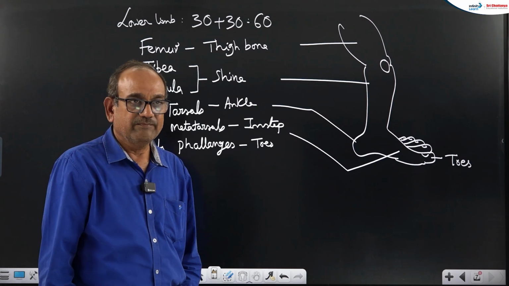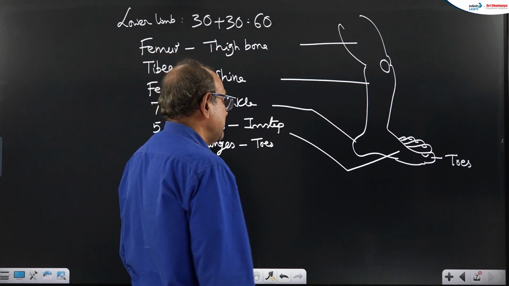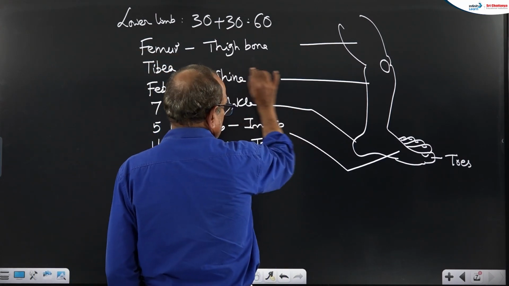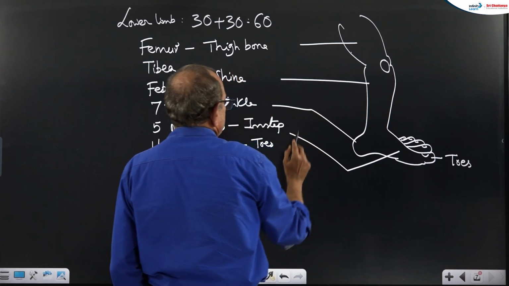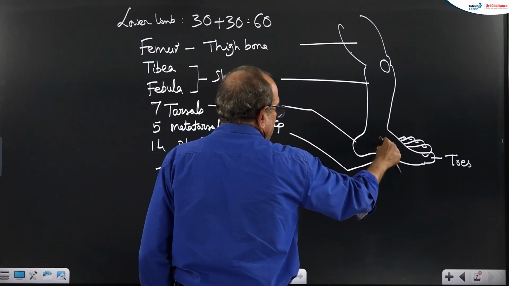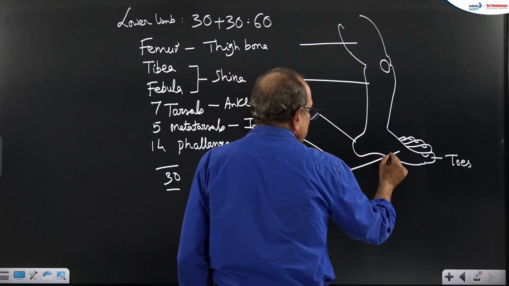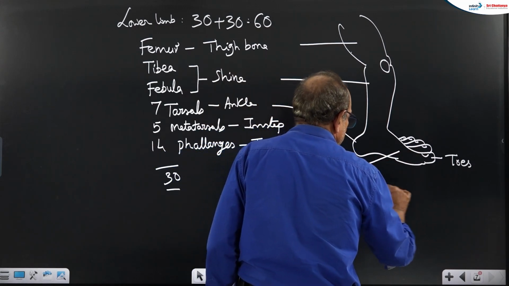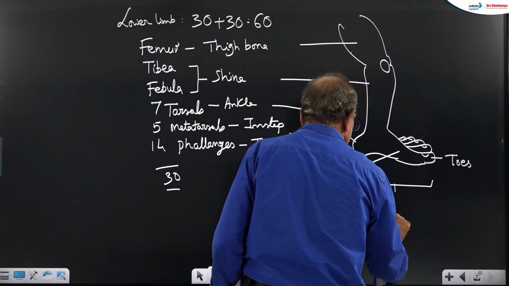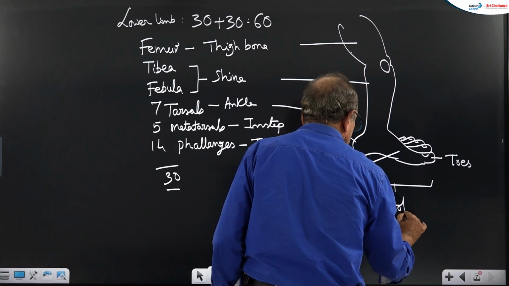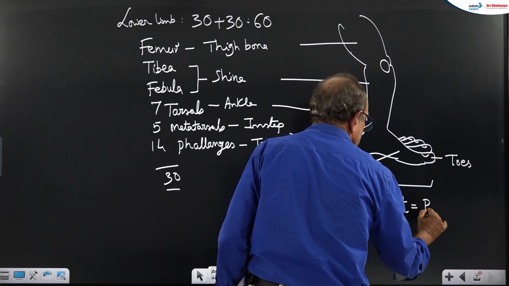Next, lower limb. The lower limb contains the following parts: thigh, shin, ankle, instep and toes. Ankle, instep and toes together form the foot or pes.